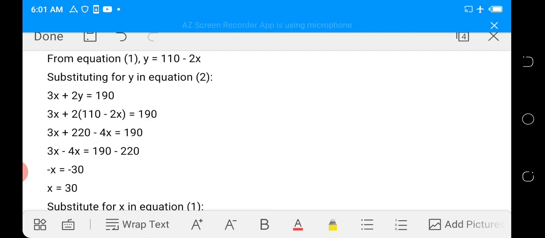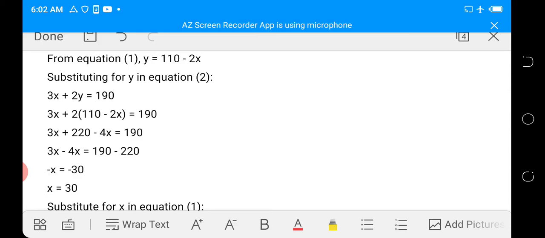Solving this, 3x plus 220 minus 4x is equal to 190. Collecting like terms and solve for x. That gives me x is equal to 30. Remember, the cost of a pen has been represented with letter x, and the fact that my x is now 30 means that the cost of a pen is 30 naira.